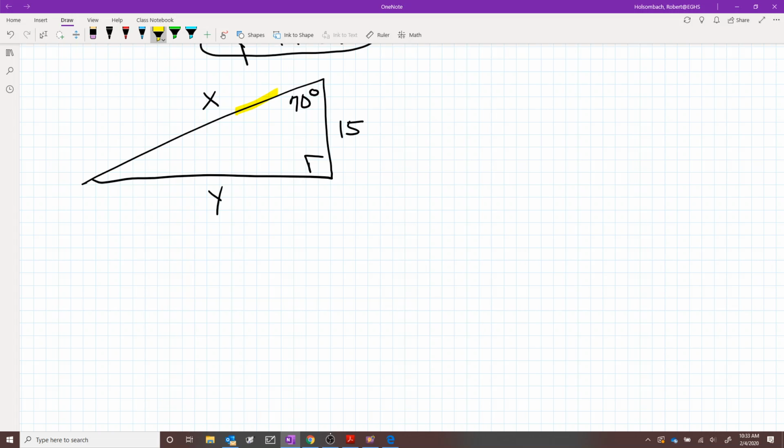In relation to this 70-degree angle, we're going to name the sides. The hypotenuse is always the hypotenuse. The other side that forms the angle is the adjacent side. So by process of elimination, that makes this side the opposite side.